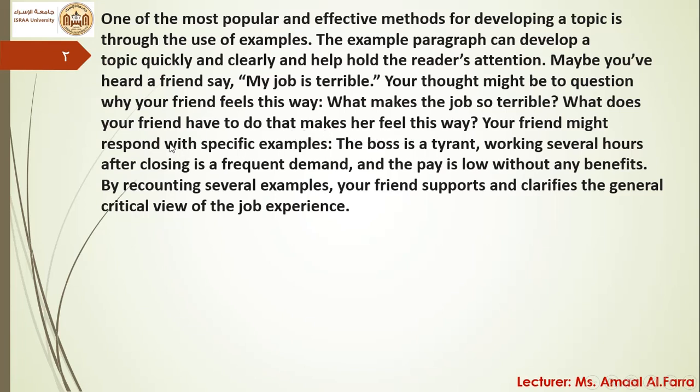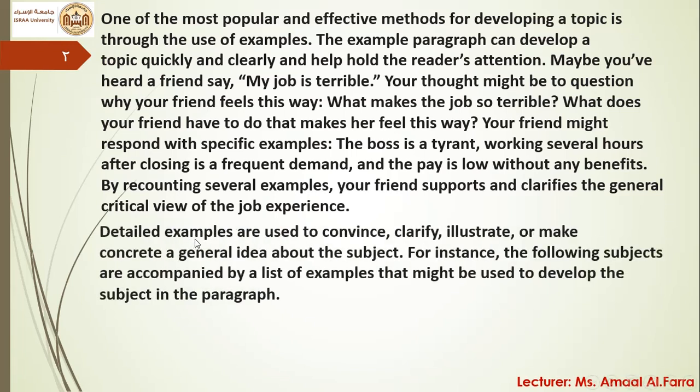Your friend might respond with specific examples, like, for example, the boss is a tyrant, working several hours after closing is a frequent demand, and the pay is low without any benefits. By recounting several examples, your friend supports and clarifies the general critical view of the job experience.